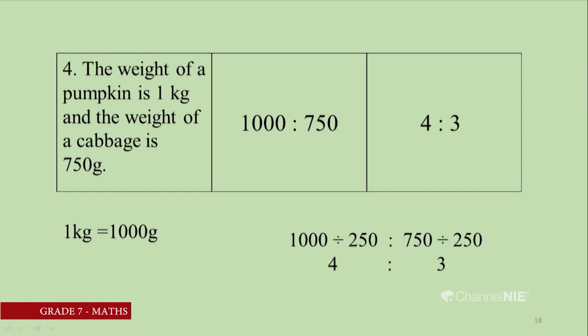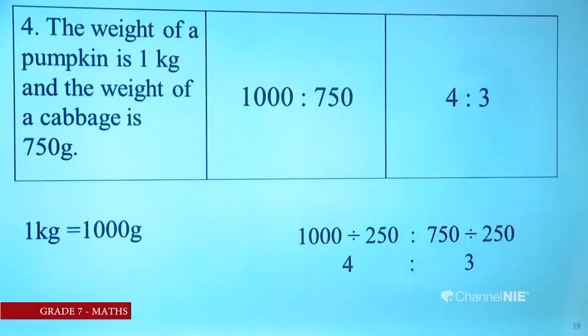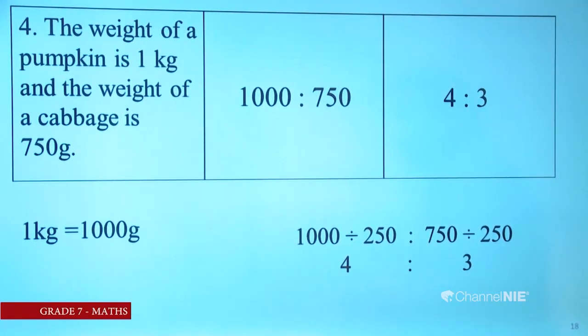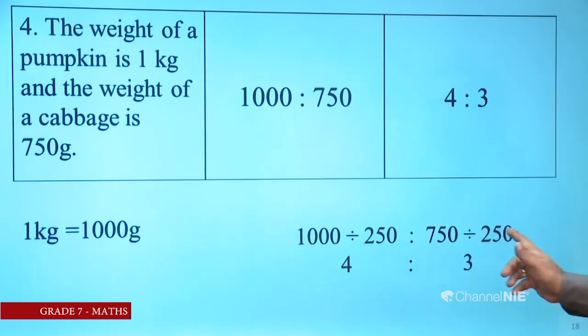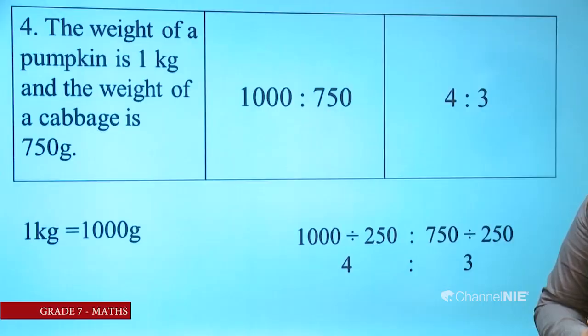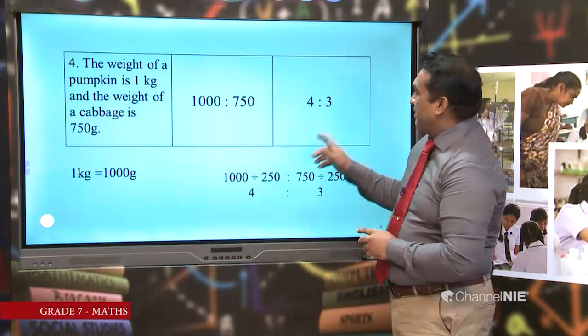Here 750. 1 kilogram equals 1000 grams. Then you can divide both numbers by 250. As a result, my dear kids, you have 4 to 3. This is the simplest form.